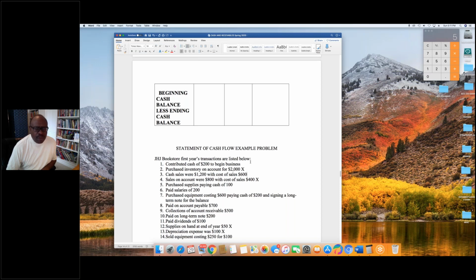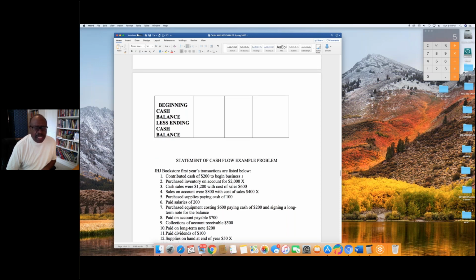That's going to be a type 1 transaction. So it's going to go in part 3 of the statement as a source. Purchase inventory on account, it goes nowhere.